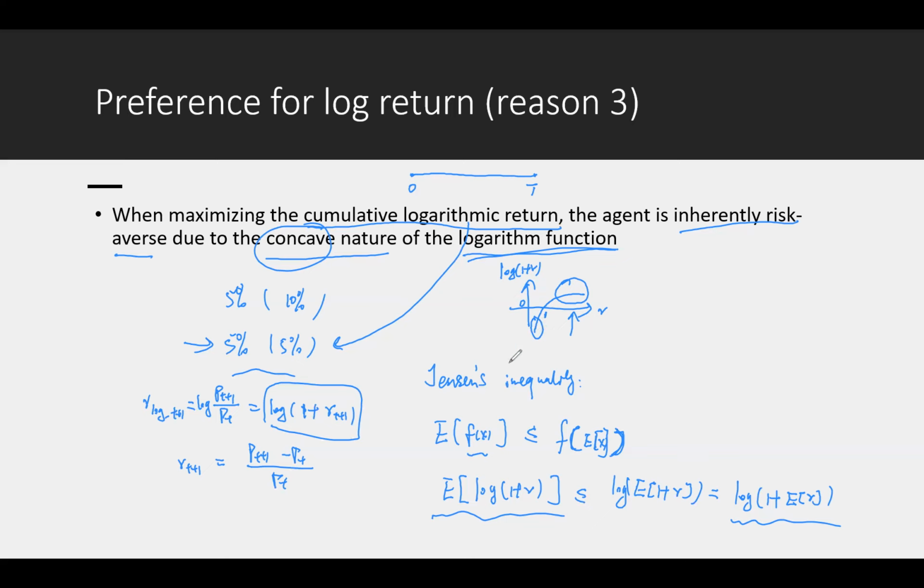So if we use this function, it displays a sort of asymmetry. It is not symmetric if we look at the volatility or the variance in these two regions. That encourages us to be inherently risk averse, because if we were to live in this region, it would cause a big change in the log return itself. So that's the third reason why we prefer the log return, and thanks for watching the video.